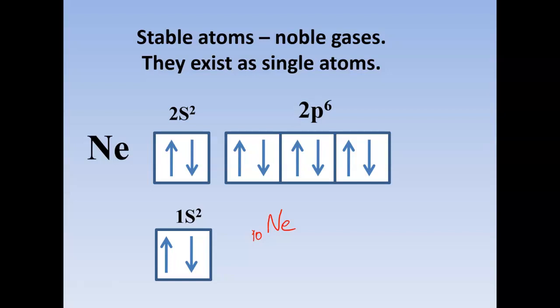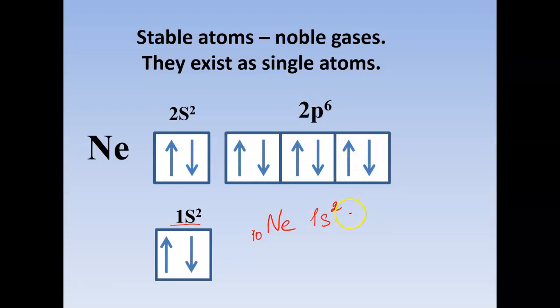So it's an element from period number 2. That means it has two shells. The first shell has only 2 s electrons, that means 1s2. And the second shell, we can see it's completed.